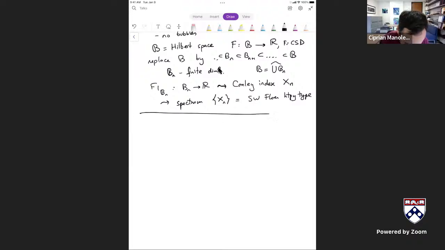Okay, so now why do we want Floer homotopy? Well, it gives us more information than Floer homology, and sometimes you get applications out of it. I will just mention two of them very briefly.